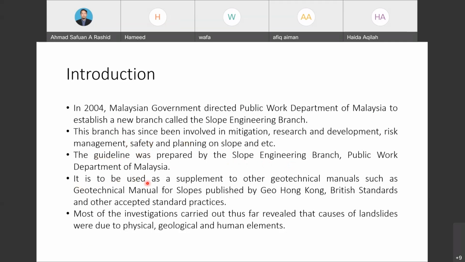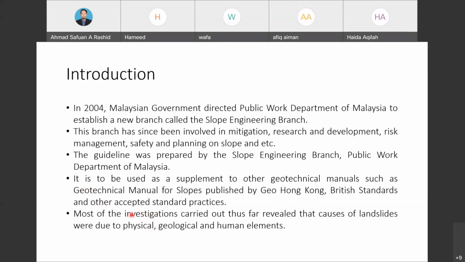It is to be used as a supplement to other geotechnical manuals, such as the Geotechnical Manual for Slopes published by Geo Hong Kong, British Standard, and other accepted standard practice. Most investigations carried out thus far revealed that the causes of landslide were due to physical, geological, and human elements.